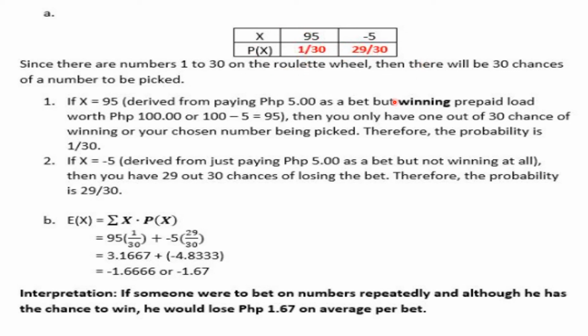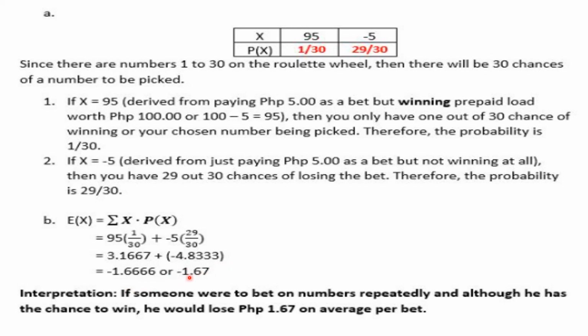So how about the expected value? We are just going to multiply 95 by 1 over 30 plus negative 5 multiplied by 29 over 30. So that will give us 3.1667 plus negative 4.8333, and that will give us negative 1.67.